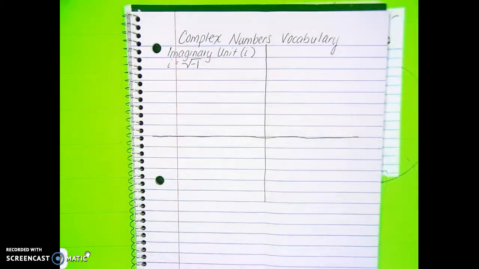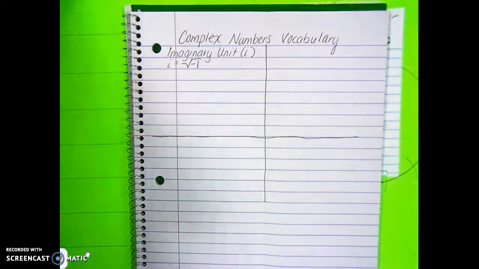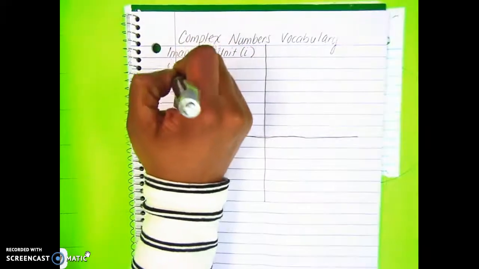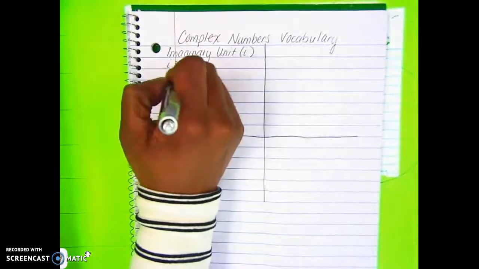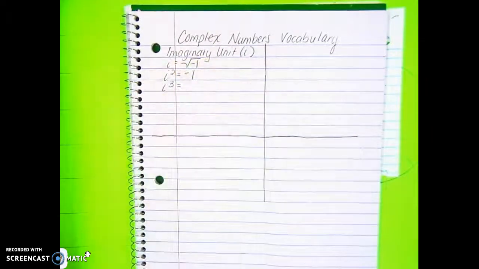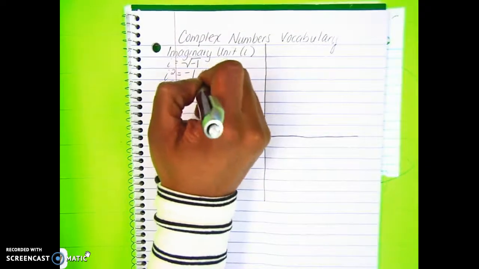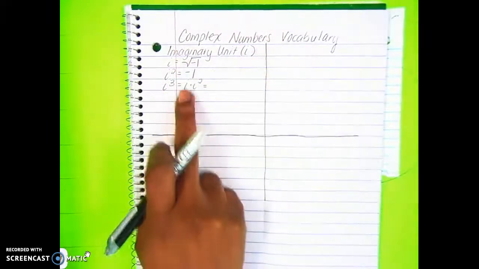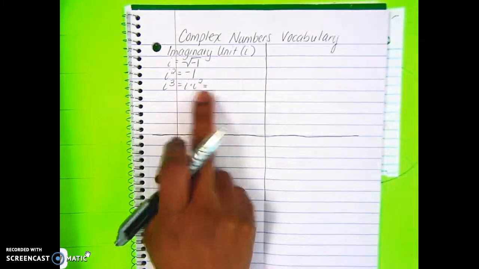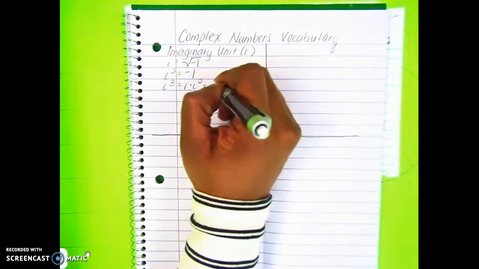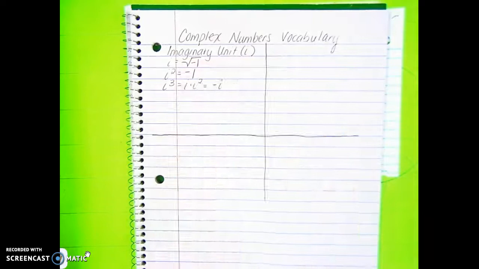We're going to extend that definition and do some other powers of i. i squared is equal to -1. i cubed is equal to i times i squared. We know that i squared is -1, so that makes i cubed equal to -i.